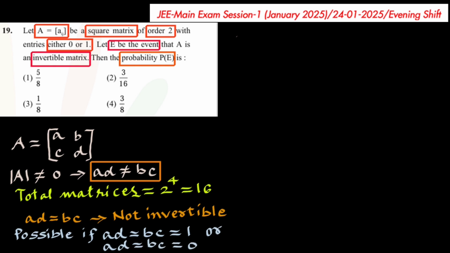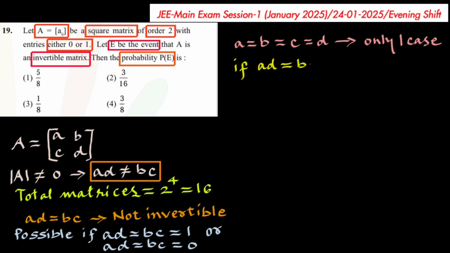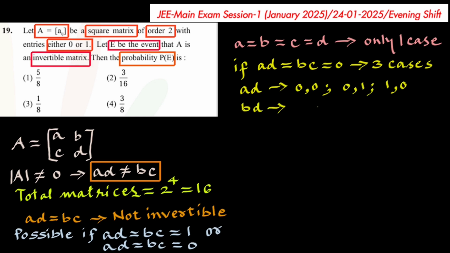The number of cases when A equals B equals C equals D equals 1 will be only one case, and if AD equals BC equals 0, there will be the following three cases. For AD, it will be 0 0 or 0 1 or 1 0, and for BC, three cases 0 0 or 0 1 or 1 0.